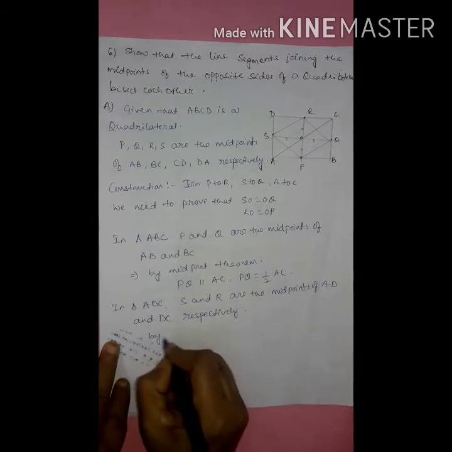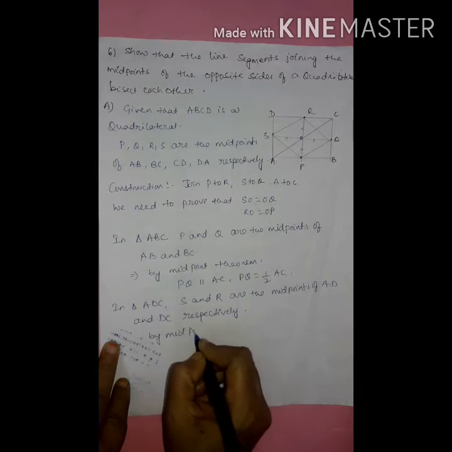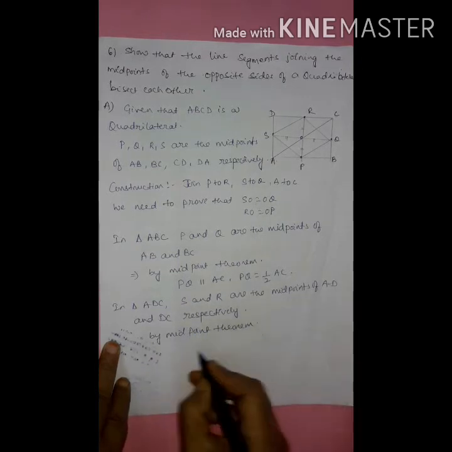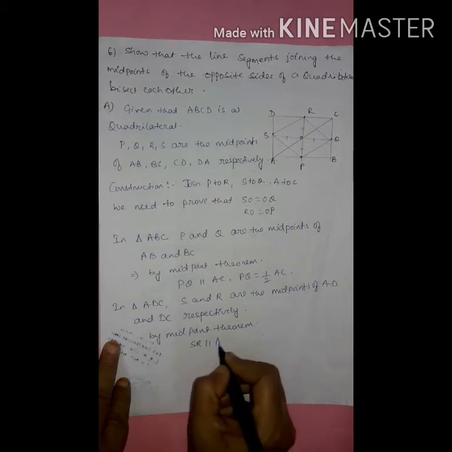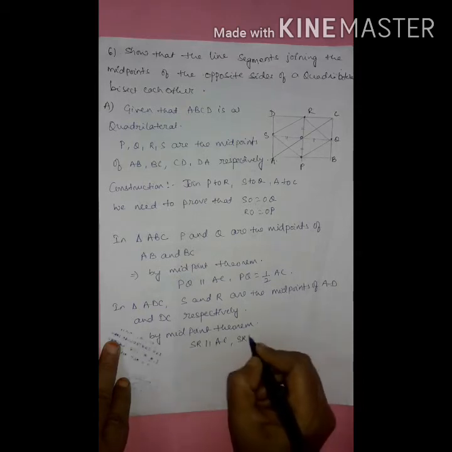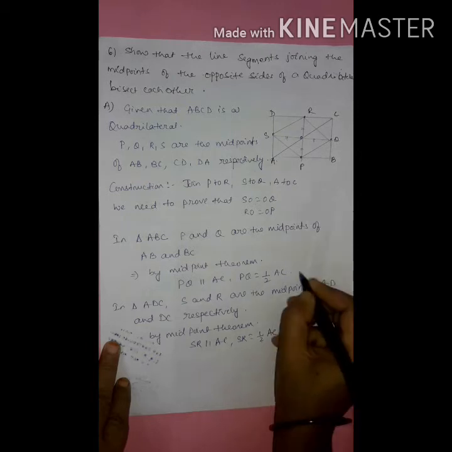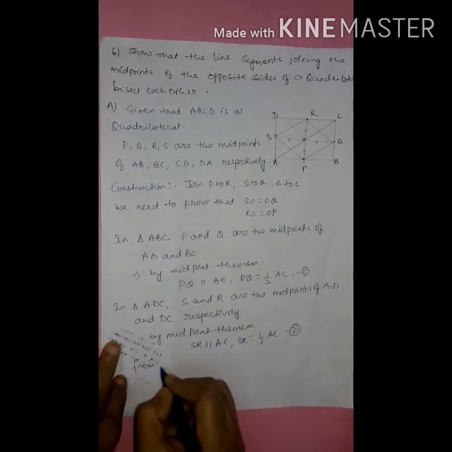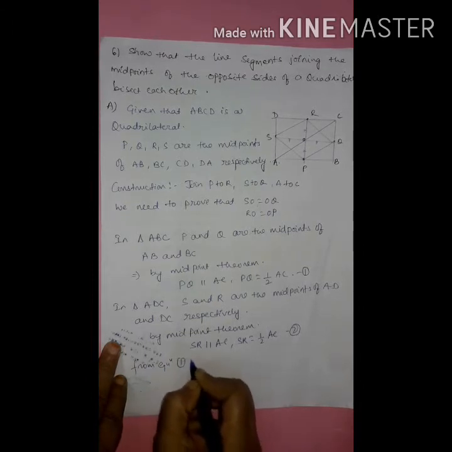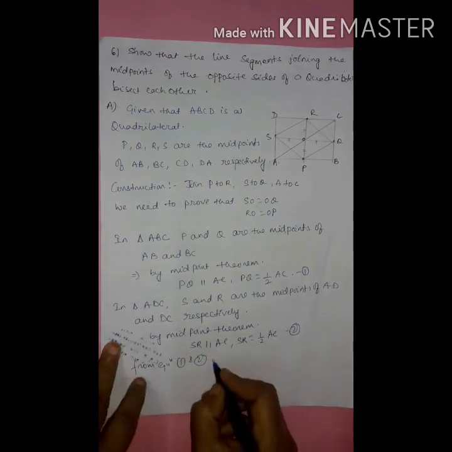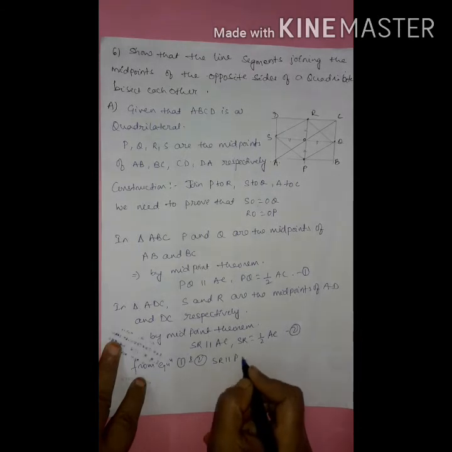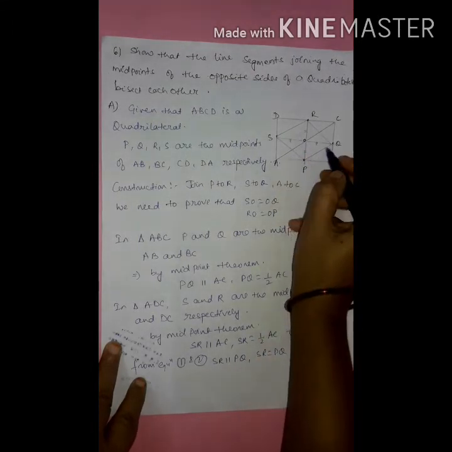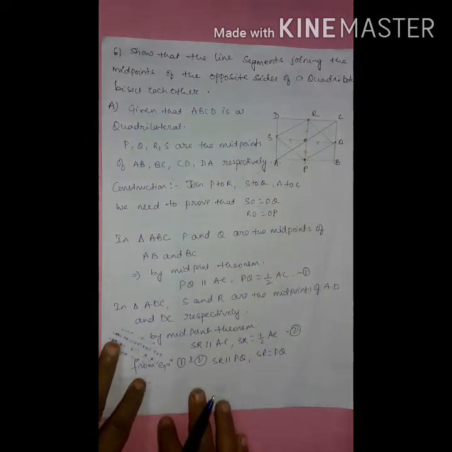So by midpoint theorem, SR is parallel to AC and SR is equal to half of AC. This is equation 1 and this is equation 2. So from equation 1 and 2, SR is parallel to PQ and SR is equal to PQ.